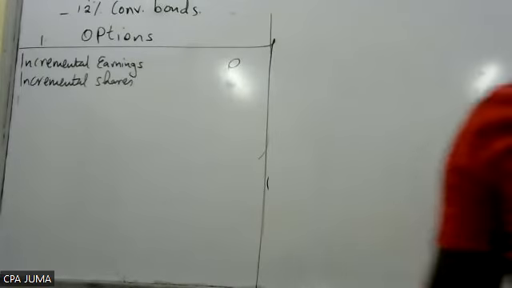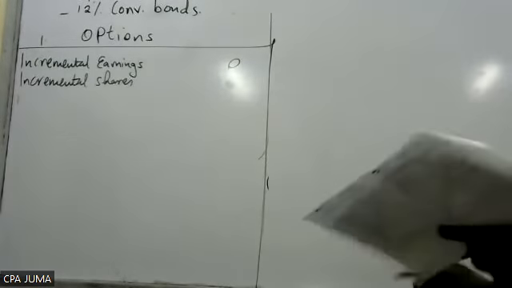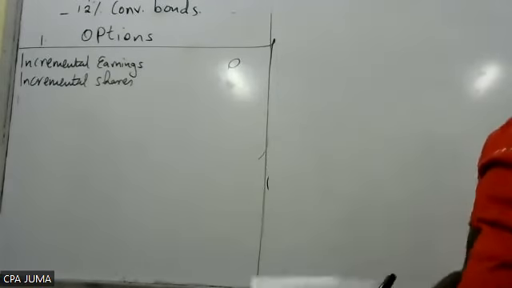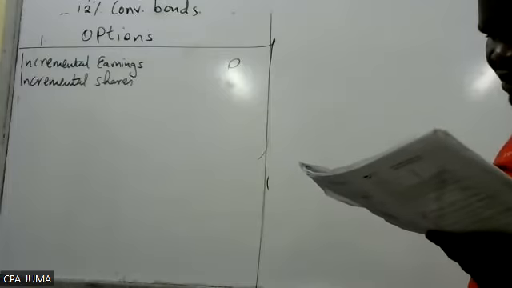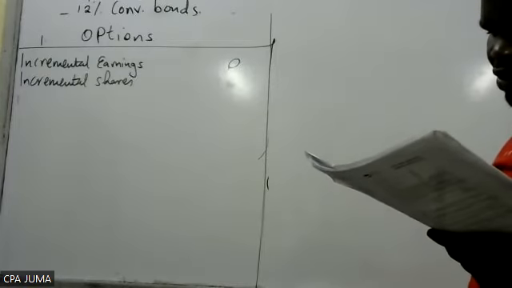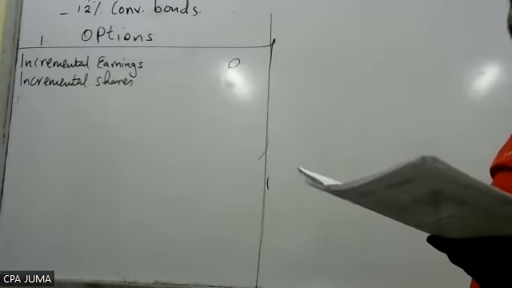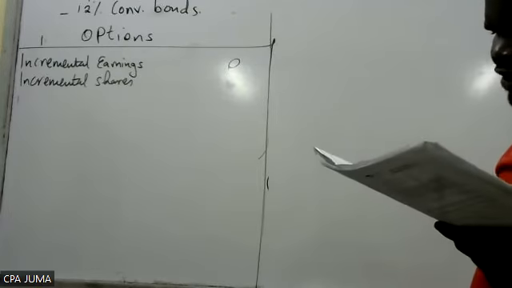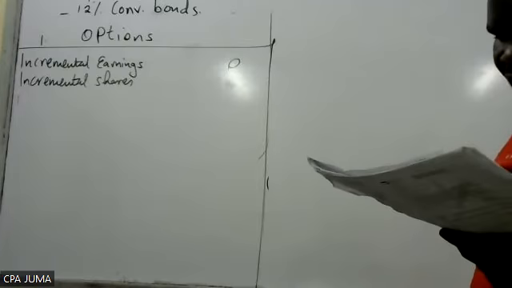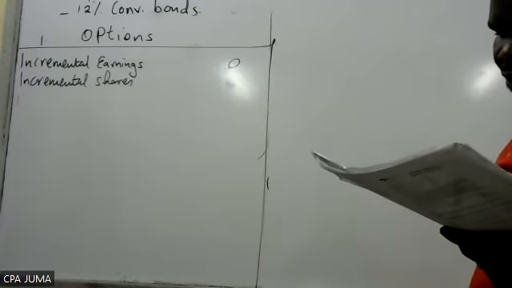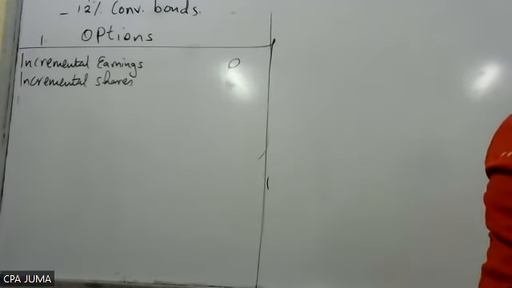So for options, check here. Read that paragraph 2. As at the date, R also had issued 2.5 million stock options. These options are exercisable at 1.5 per share. The average fair value per ordinary share during the year was 2.